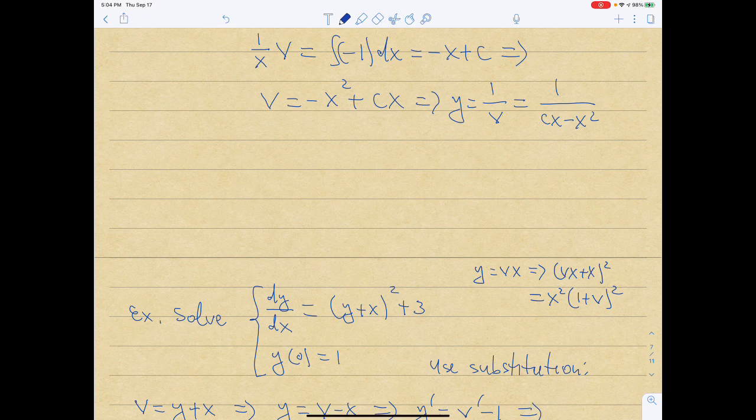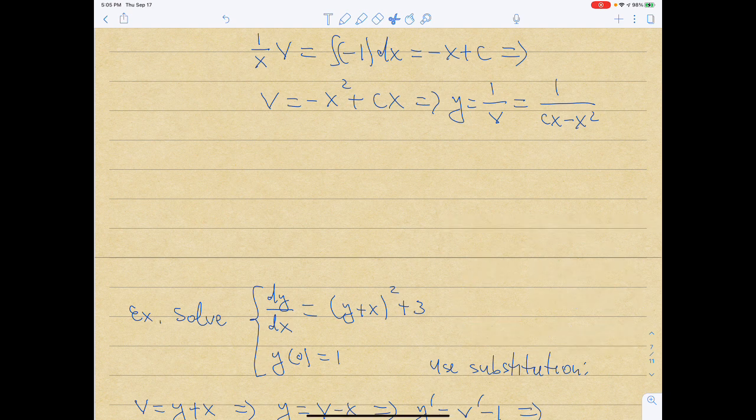So that will give us y prime is equal to x squared times (1 plus v squared) plus v. And certainly x does not cancel out. If x doesn't cancel out, then this is not a homogeneous equation.